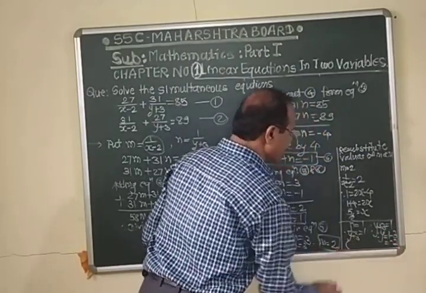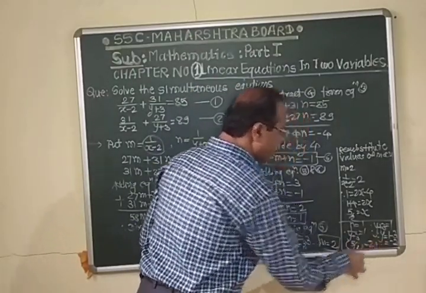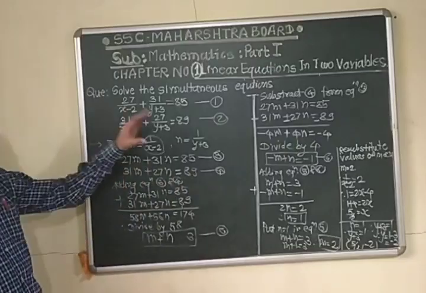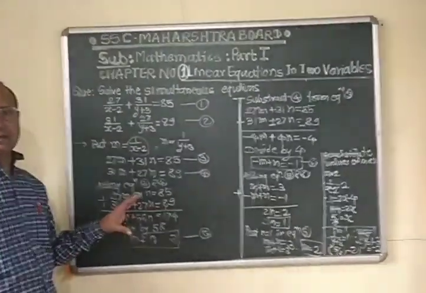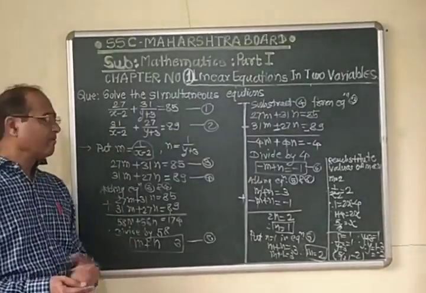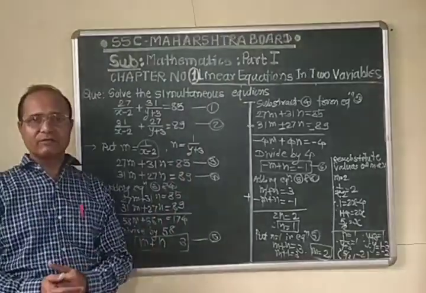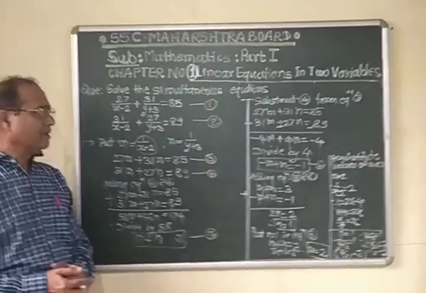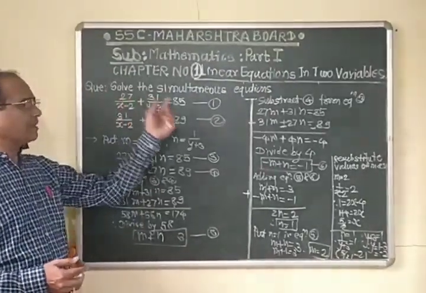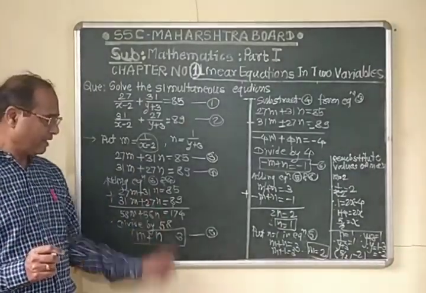In this way, the solution is x equal to 5 by 2 and y equal to minus 2. We have solved this simultaneous linear equation system by the method of substitution, substituting m equal to 1 upon x minus 2 and n equal to 1 upon y plus 3. Students, when you observe such type of equations, you should always use this method. Then you get the solution.